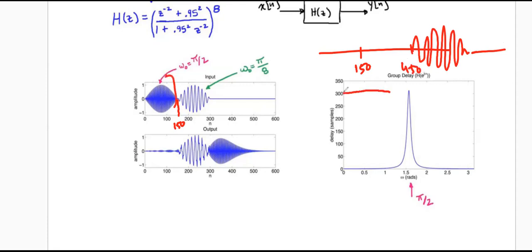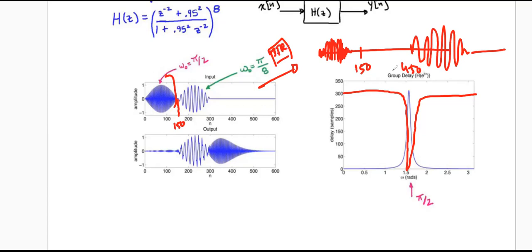Since there is no delay, it will remain at the same place. So that has been done by an IIR type filter, and definitely that makes a problem, isn't it? It makes a problem because that was our initial signal, but now we have a delay between the high frequency component and the low frequency component.